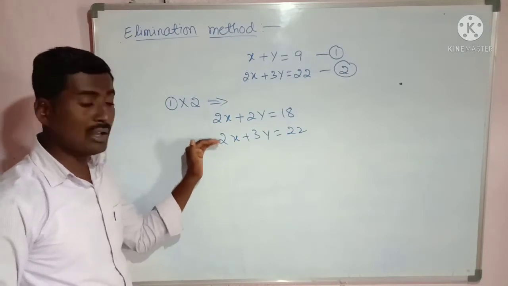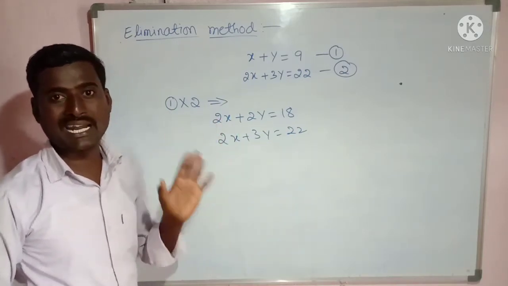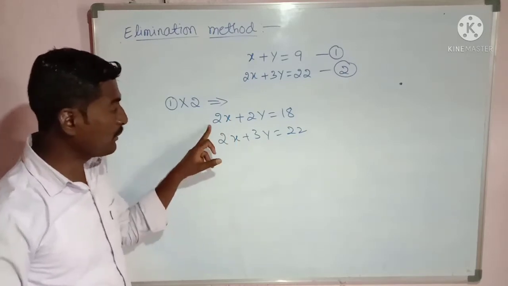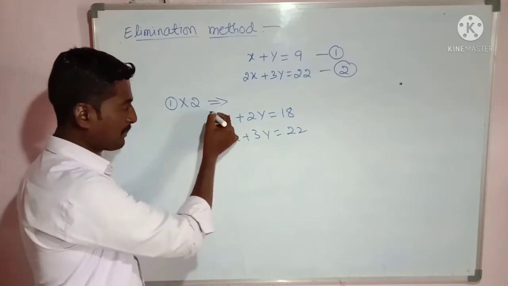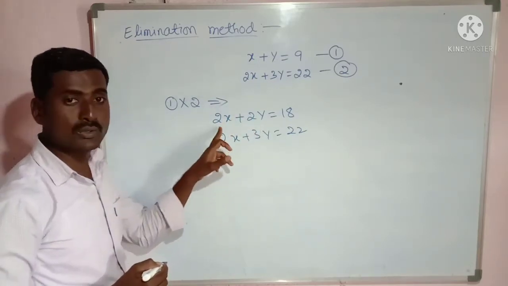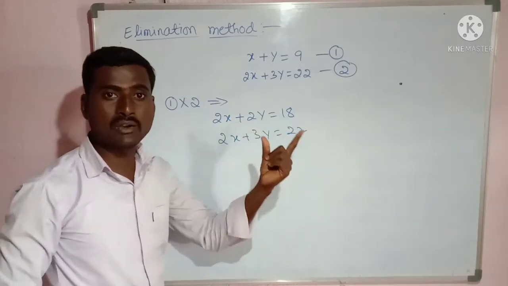Now I have to solve these two equations either by adding or by subtracting. But you should eliminate one variable. If I subtract these two equations, then 2x will get cancelled. Then automatically you can get the value of y.